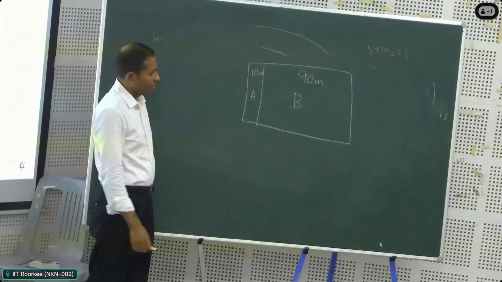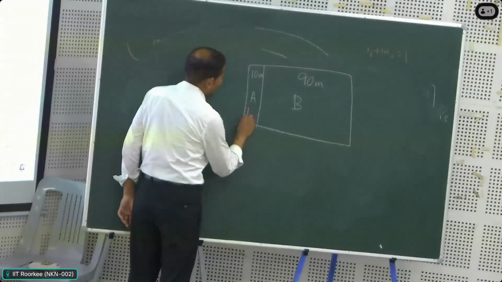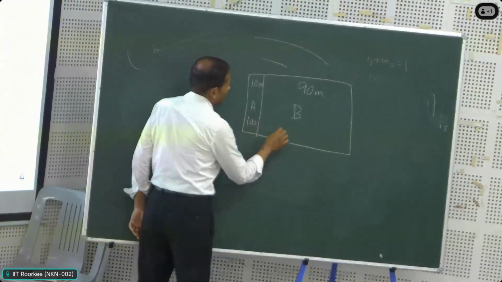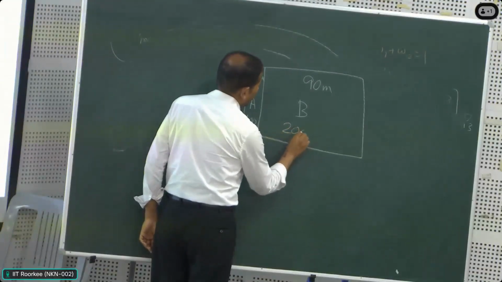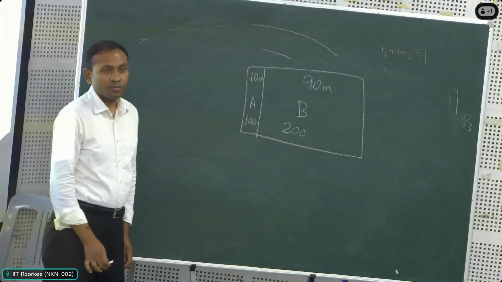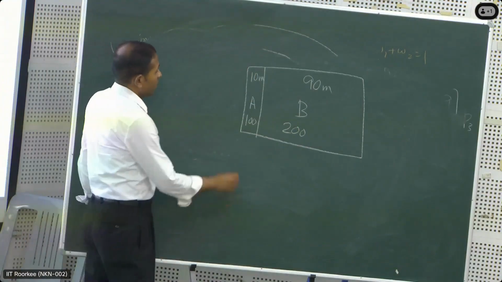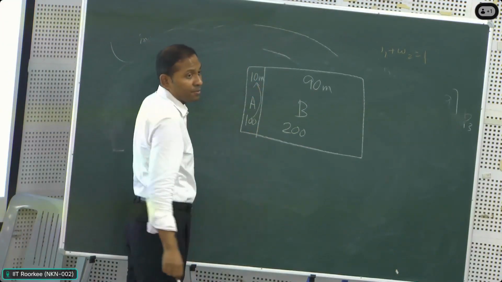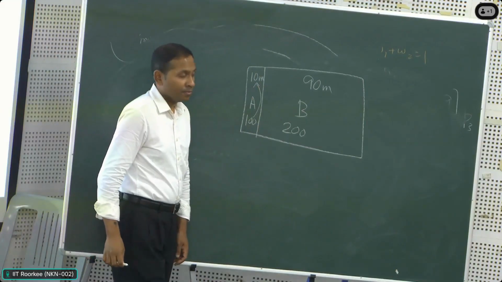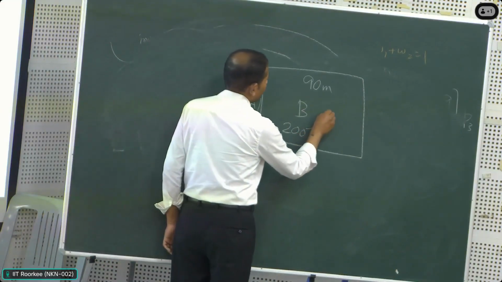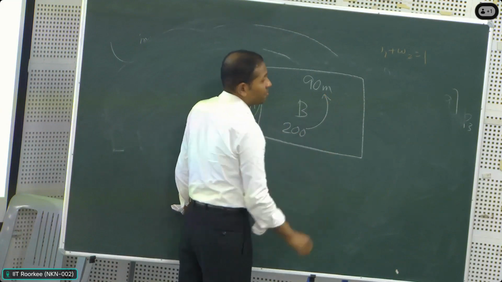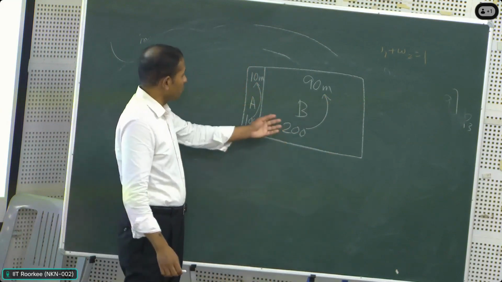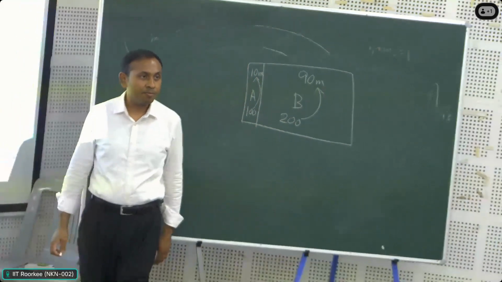Suppose you collected 100 samples from here and 200 samples from here. So these 100 people represent these 10 million people, and these 200 people are representing 90 million people. Uttar Pradesh and Goa, for example.